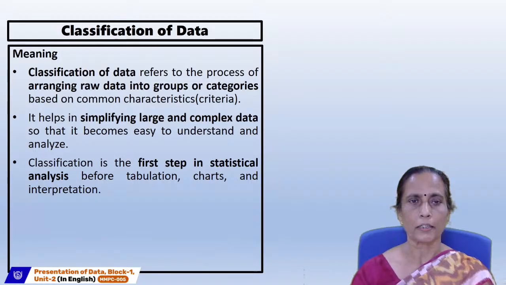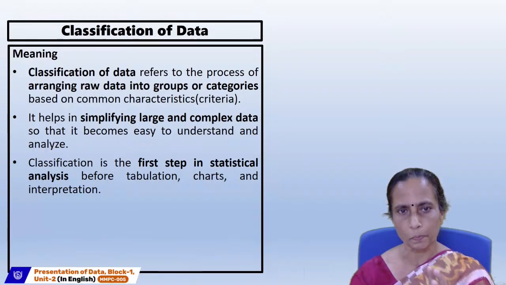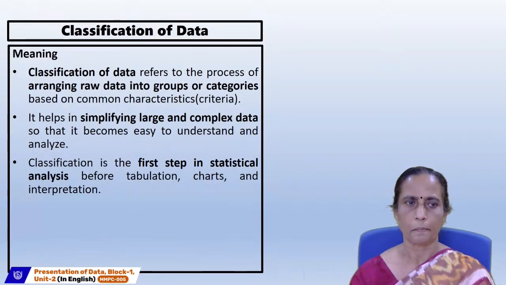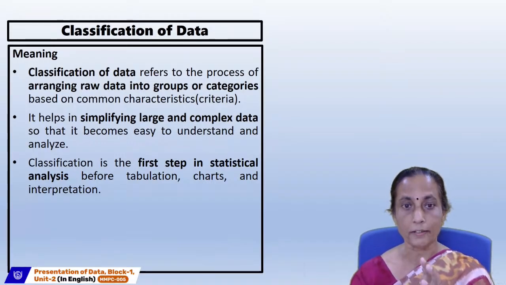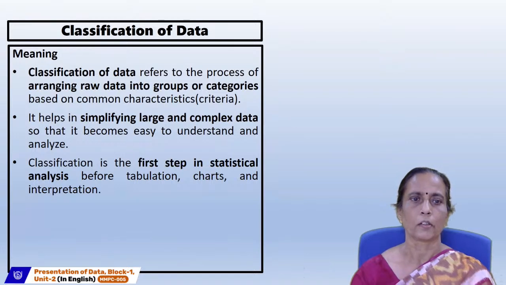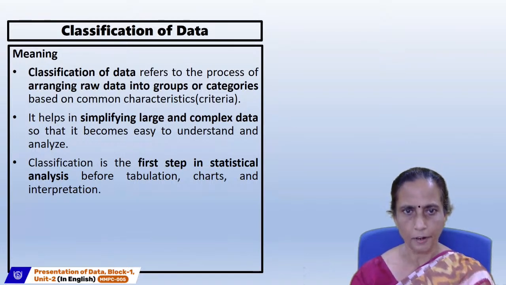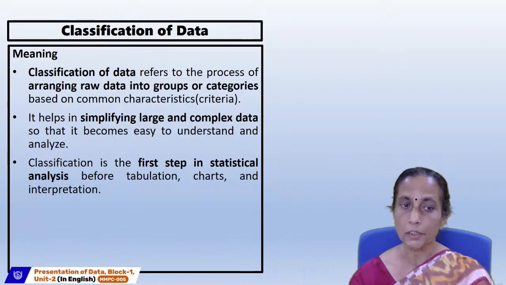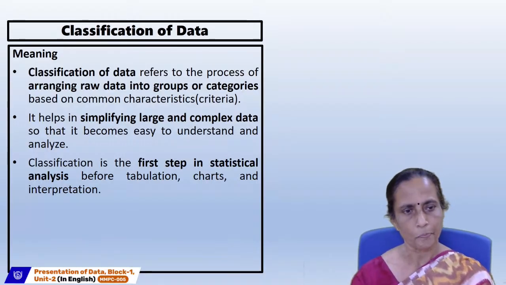So what do we mean by the classification of data? By classification of the data, we mean the process of arranging the raw data into groups or categories based on certain common characteristics, or else we may call it a criteria. It helps in simplifying large or complex data, which becomes easy to understand and analyze.